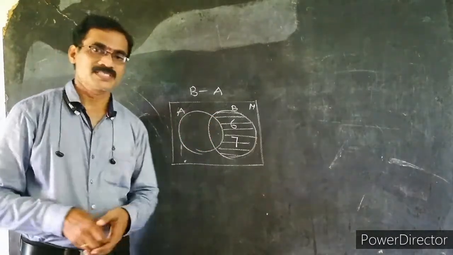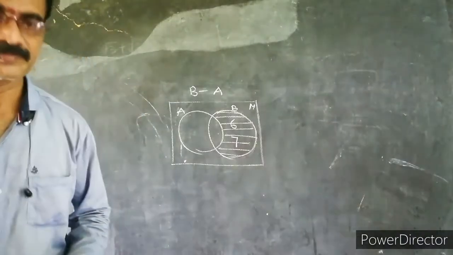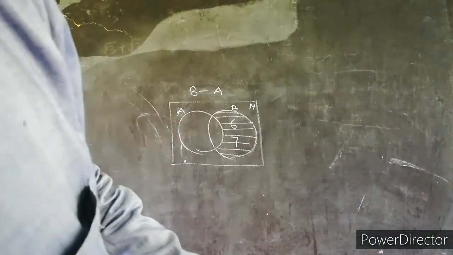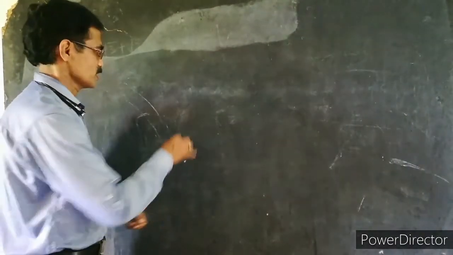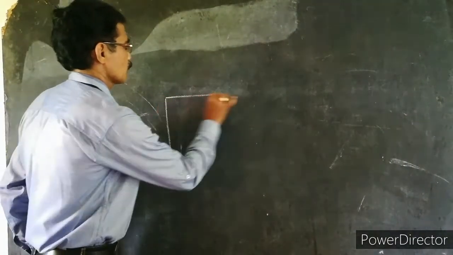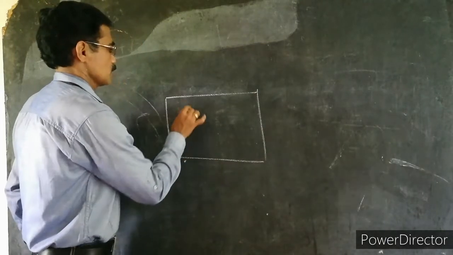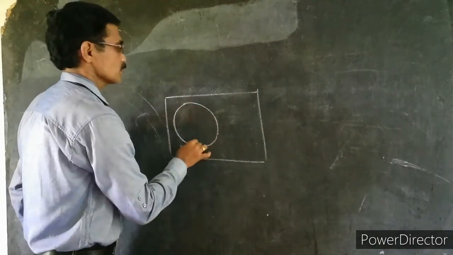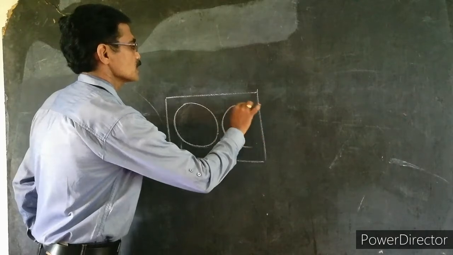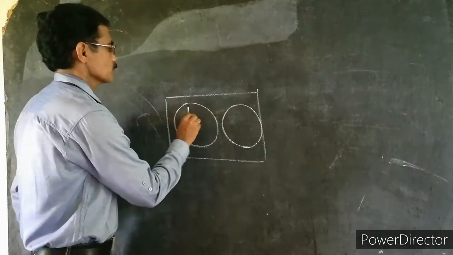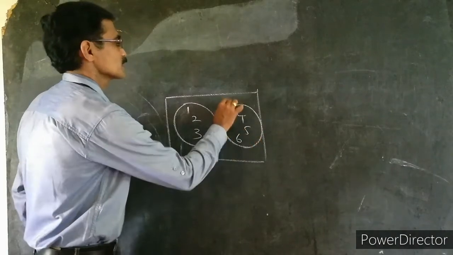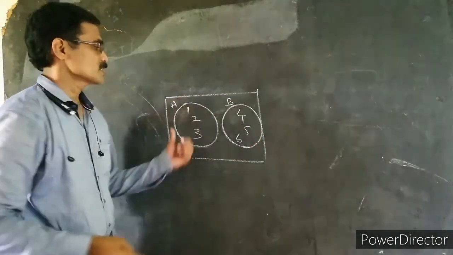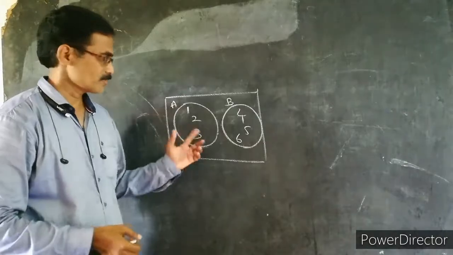Now how can we represent the disjoint sets? A is a set and B is another set. For example, in this 1, 2, 3, in this 4, 5, 6. These two sets do not have any common elements.